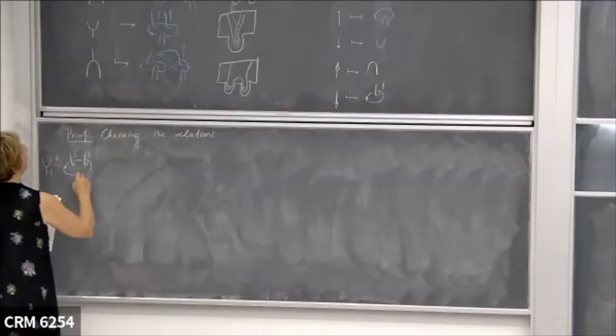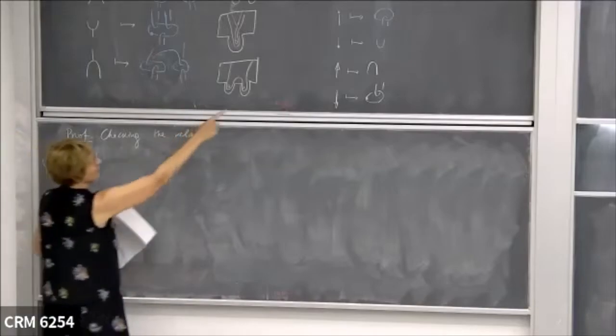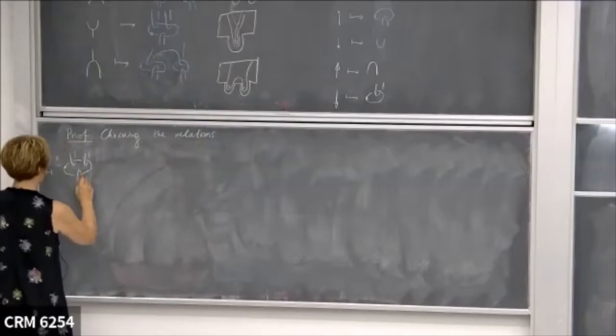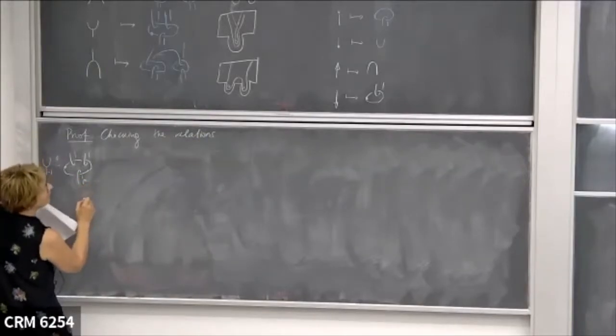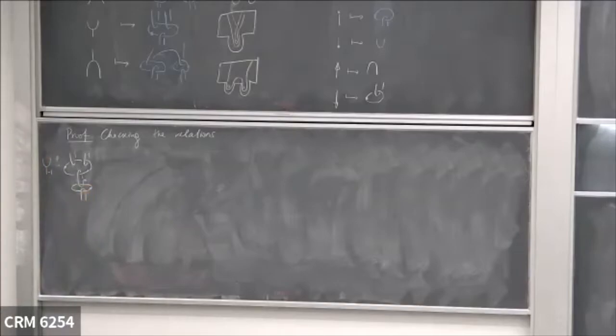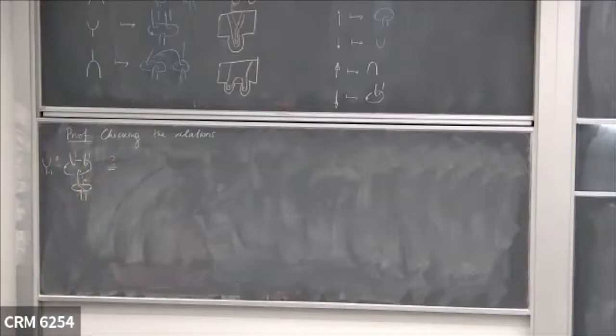And then downstairs, I'm putting this -1 from over there. So this looks like this. So there is this curl, and then there is another handle. Okay, so this is the left-hand side of this identity. And then we would like to check whether this is the same as the right-hand side.